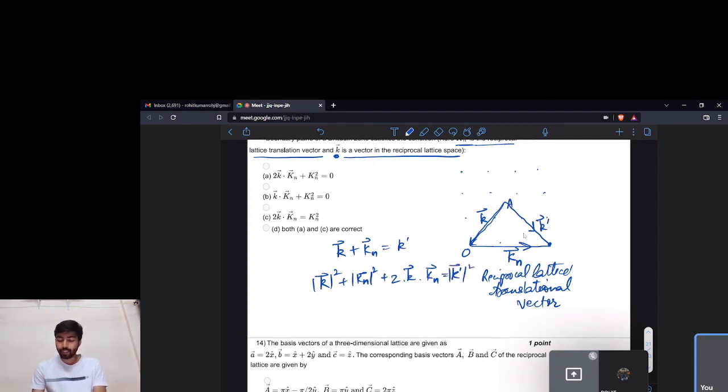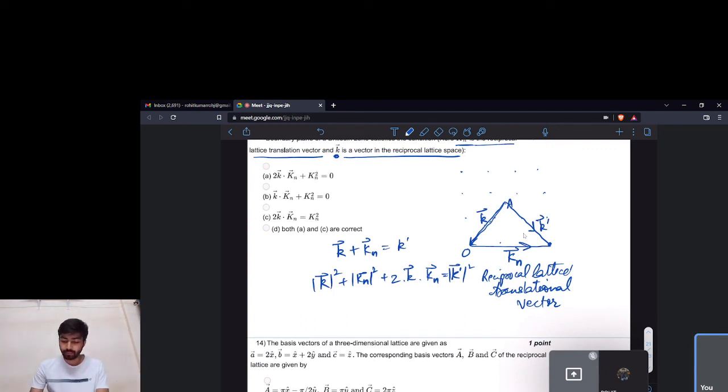Now k and k prime are actually the same. The magnitude of k and k prime is the same, because k and k prime are connected to lambda, and both are 2 pi by lambda.